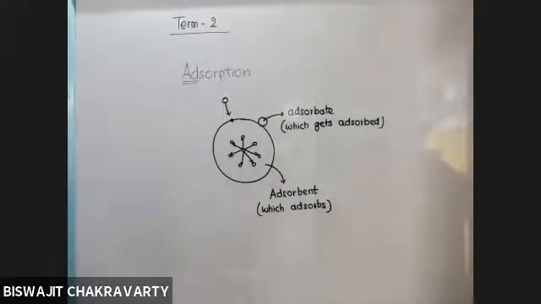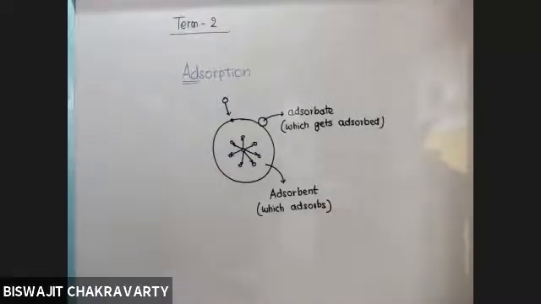So that is one of the theories which states that due to the imbalanced force present on the molecules at the surface, they will always have the tendency of adsorbing the molecules. That is the main reason that has been given for why adsorption is occurring.